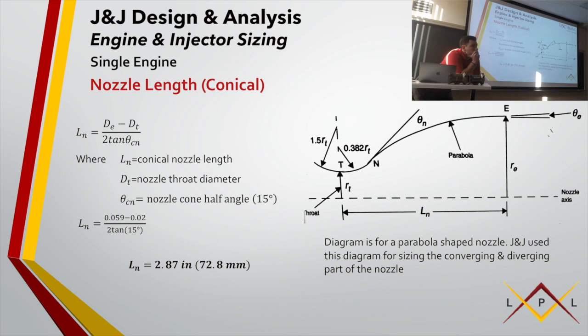For different propellants, different combustion products, the angle of theta n will be derived from the propellant properties. But we're not actually using that because we're not using a bell shape. Yeah, I'm just adding. It's roughly in a range from 20 degrees. The next page in the book has every different theta n you can choose, and all the different lengths and the different efficiencies. Yeah, it's about efficiency for different propellants.